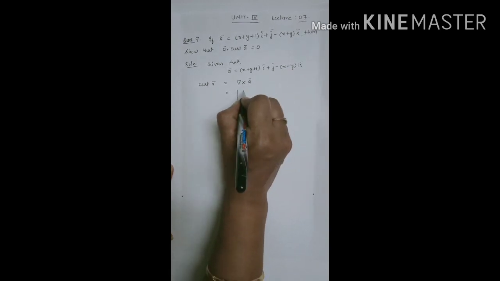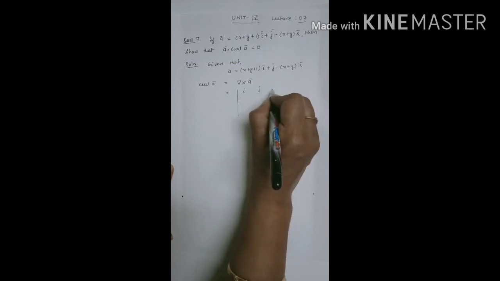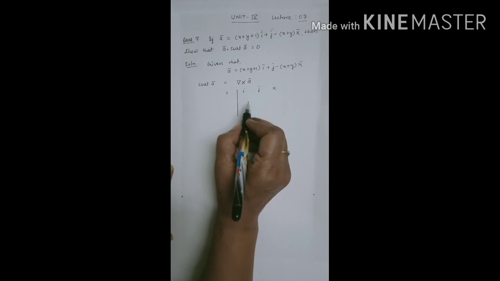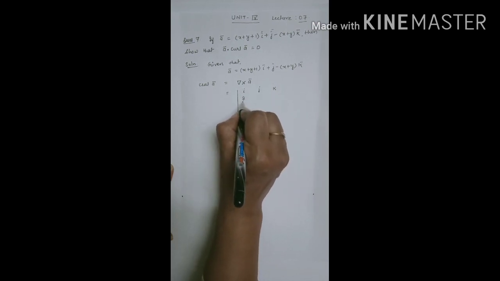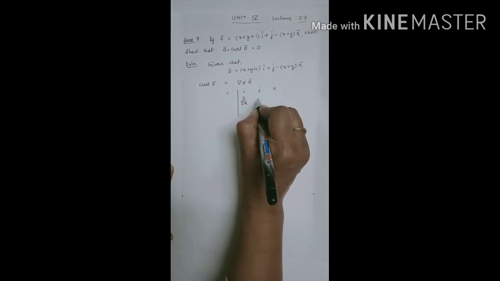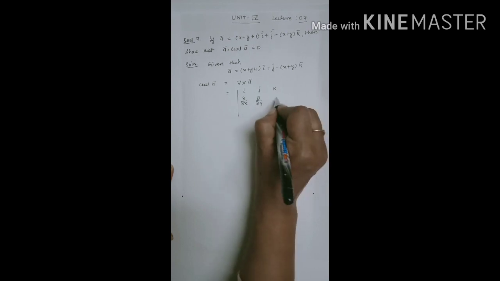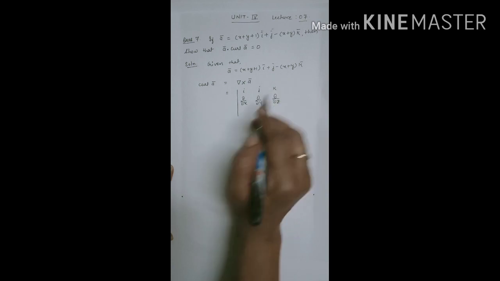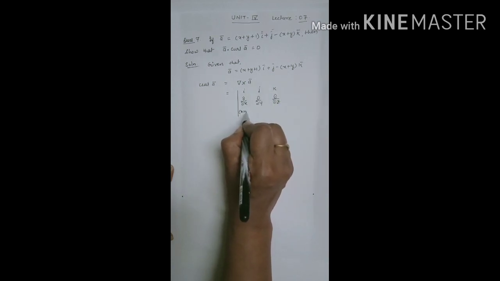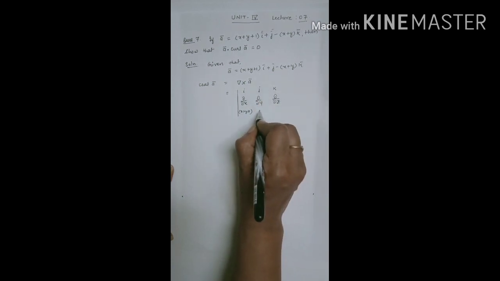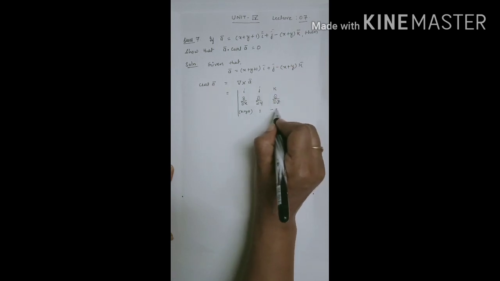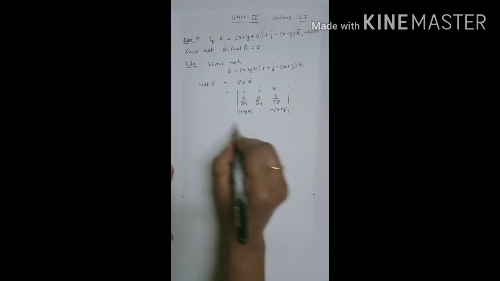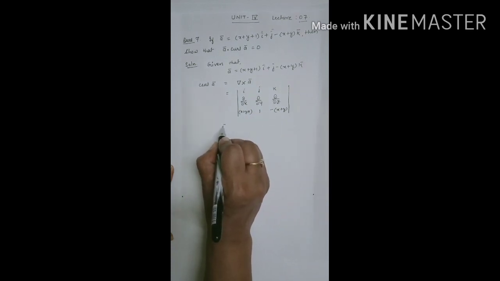Easily, we find it by the determinant of ijk components of the vector operator. So ijk components for vector operator del are del by del x, del by del y, del by del z, and ijk components for vector A are x plus y plus 1, 1 and minus times of x plus y. So let's find the value of this determinant.